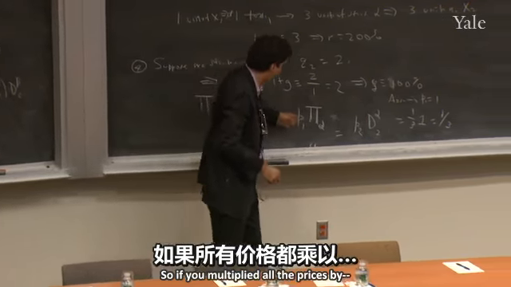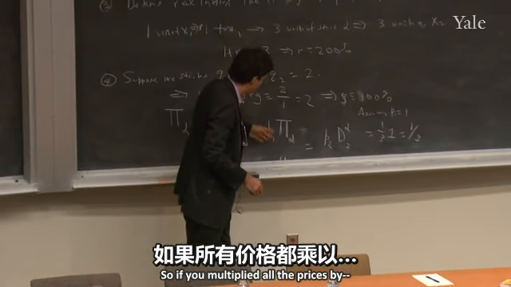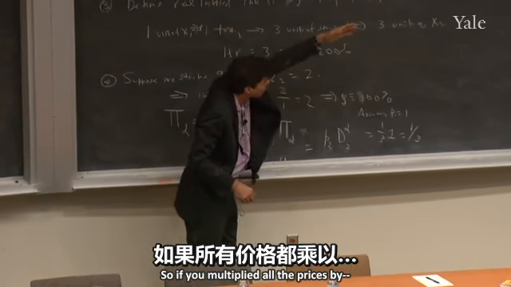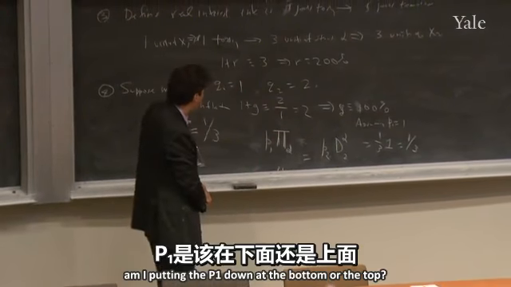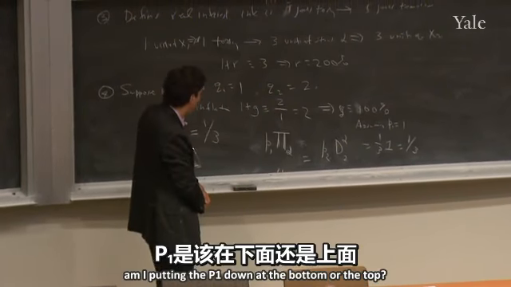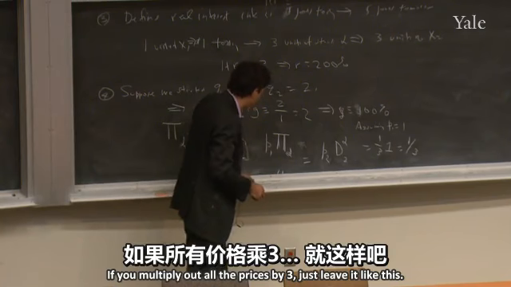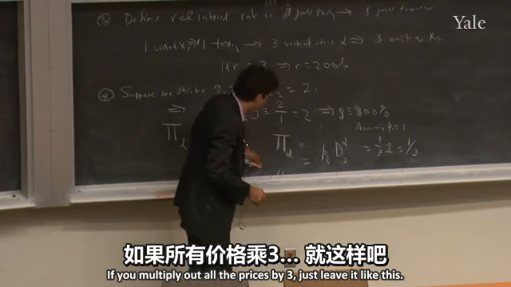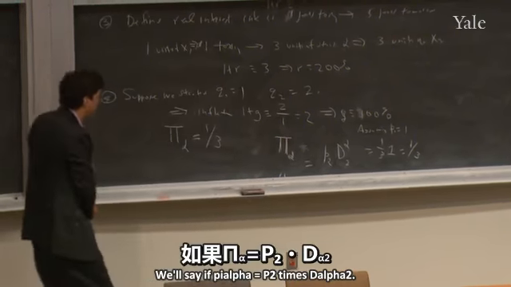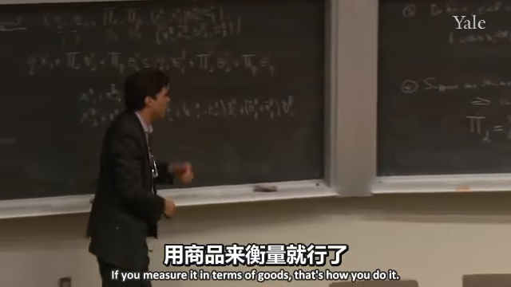If you multiplied all the prices by 3, just leave it like this. We'll say pi alpha equals P2 times d alpha 2. If you measure in terms of goods, that's how you do it.